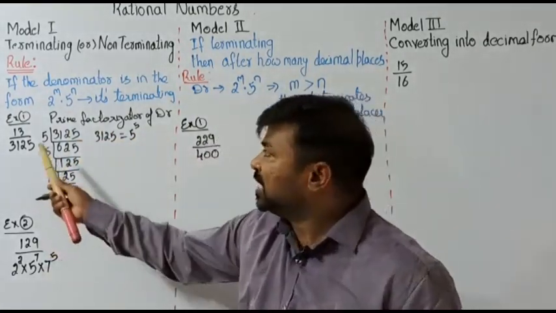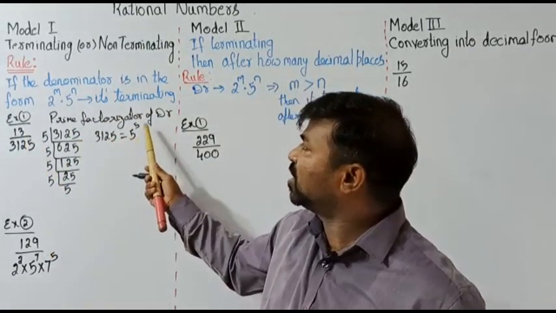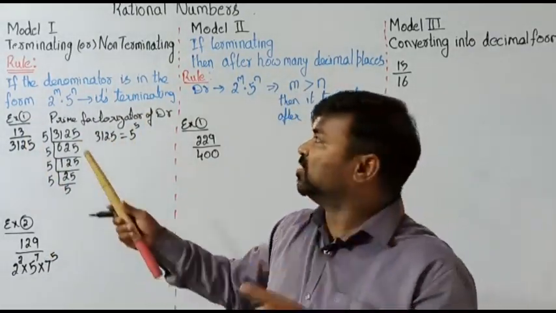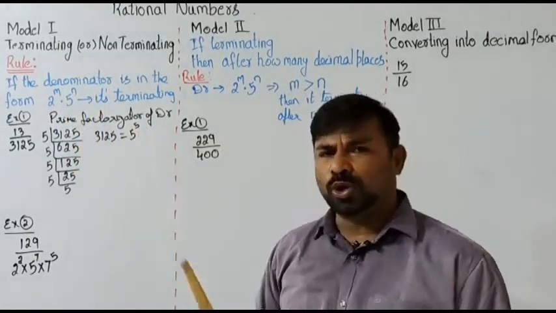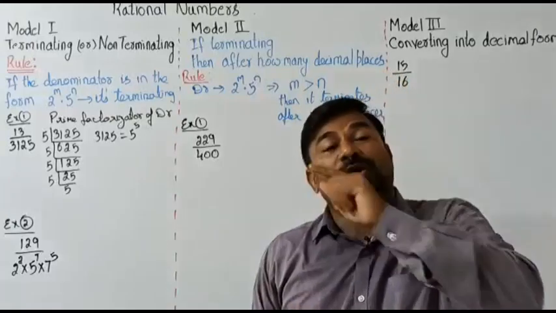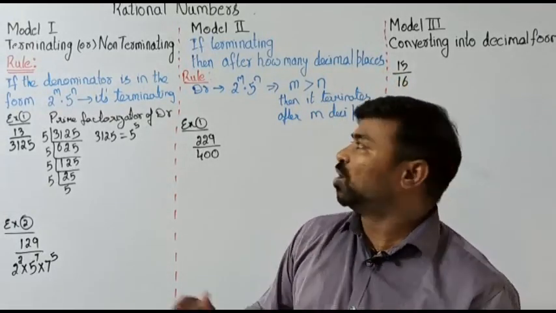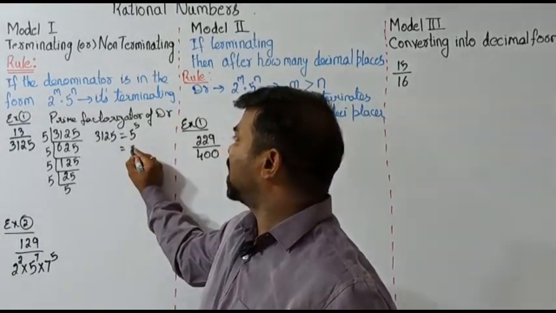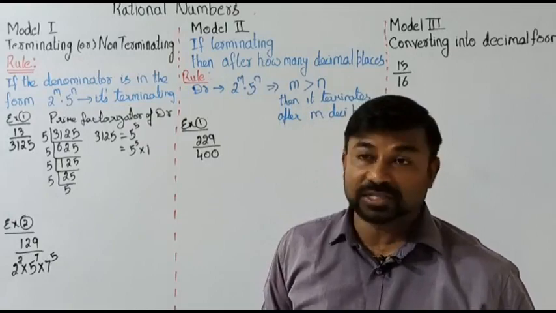Right? Now the denominator, how is it looking? The denominator is looking like 5 to the power 5. Is it in the form of 2 to the power m into 5 to the power n? We are able to see only 5 there. Start thinking. Let's do one thing. Can I write this as 5 to the power 5 into 1? Does it make any matter?